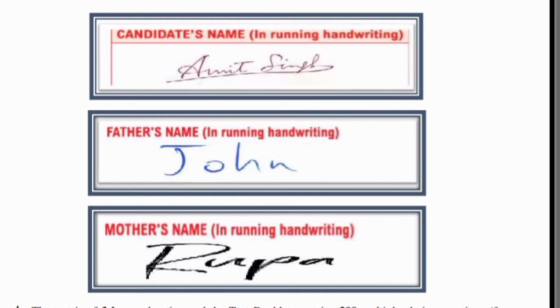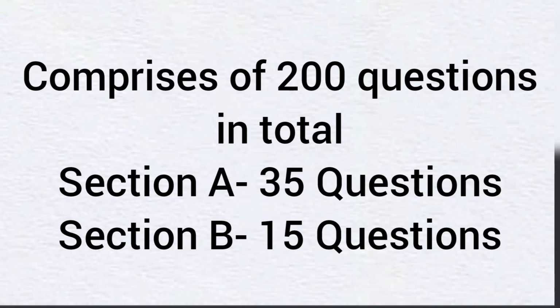As we know, NEET 2021 is a 3-hour test, and the test booklet contains 200 multiple choice questions, that is, 4 options with a single correct answer, from physics, chemistry, and biology.